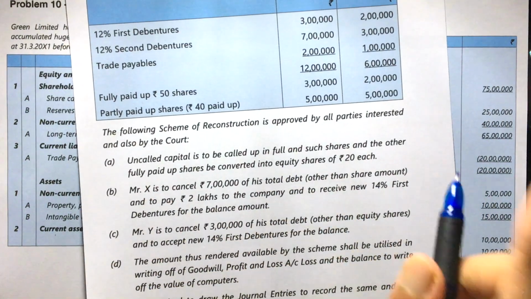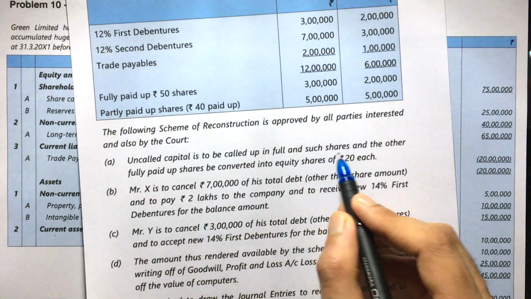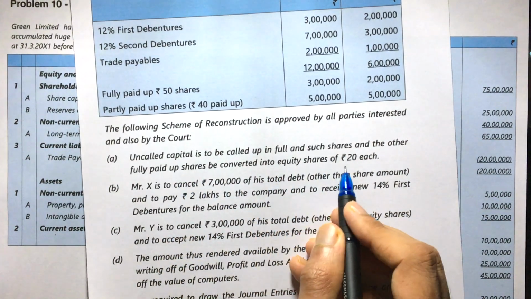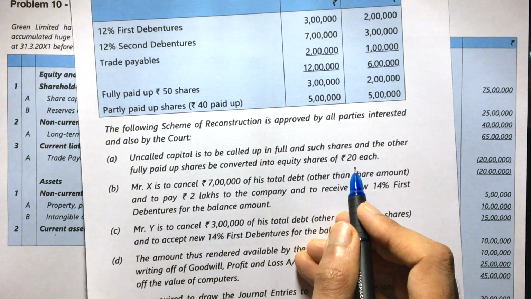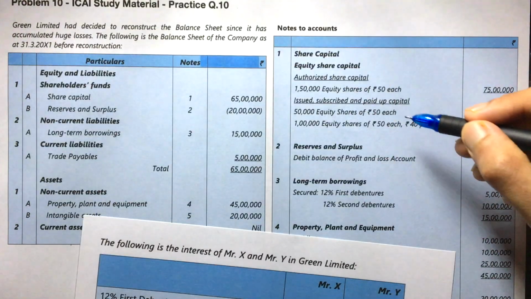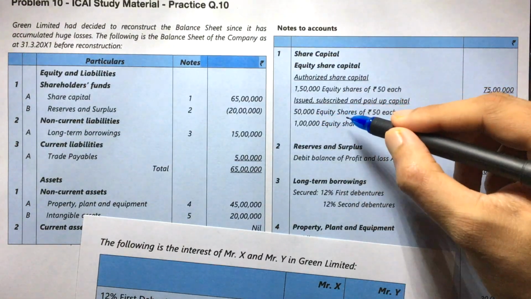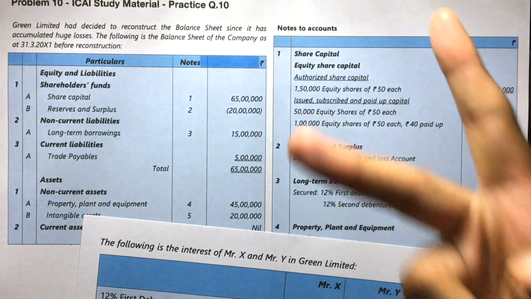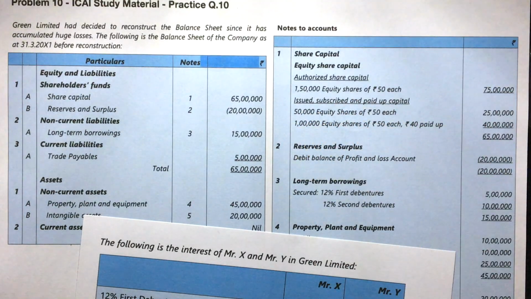And such shares and the other fully paid up shares be converted into equity shares of 20 each. So what is happening? Reduction in the face value of both the 50,000 equity shares as well as the 1 lakh equity shares. Both will be reduced to 20 rupees each face value. That's the first adjustment.